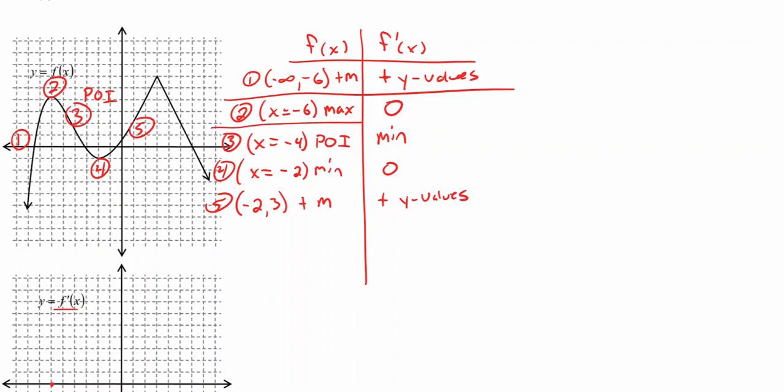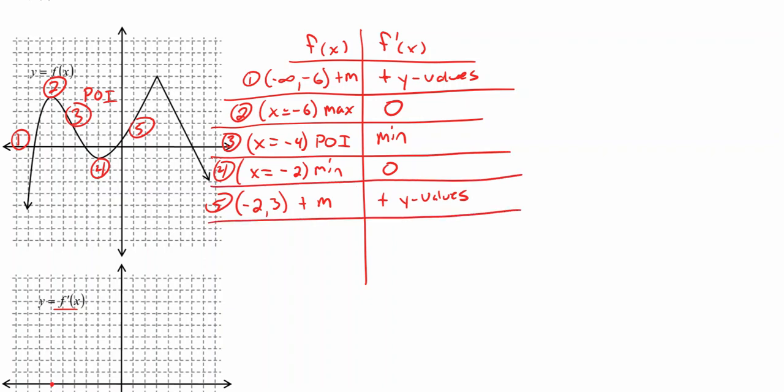Oh, maybe I should do this too. Okay. And then for 6, so 6 we're going to make right here, right at that point. So then at this one, x is equal to 3. And at this point, this is a max point.